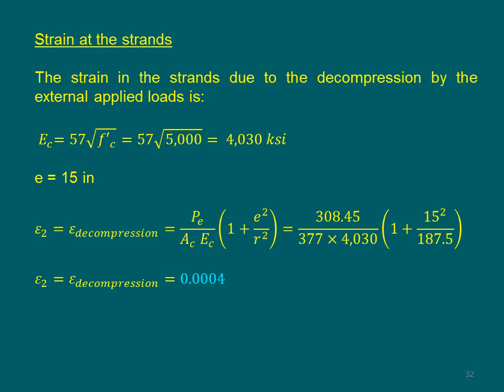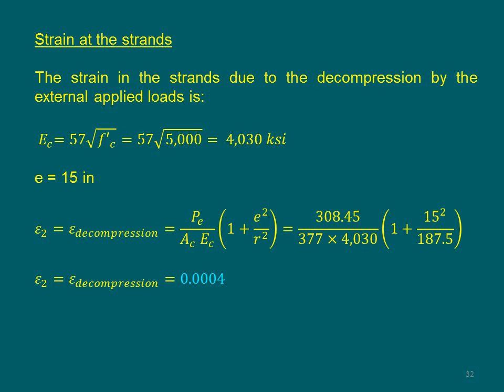I understand the eccentricity is equal to 15 inches. That was given in the problem. Due to this decompression, now let's look at the effective force that we have. Effective force is going to be 308.45, concrete cross-sectional area, I have E sub C, and then you say 1 plus e squared divided by r squared.